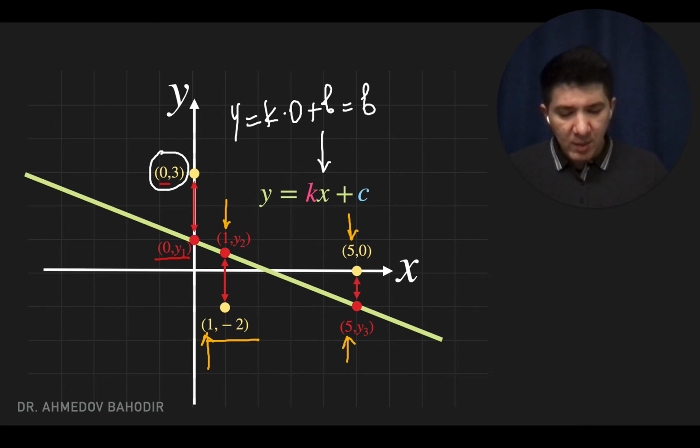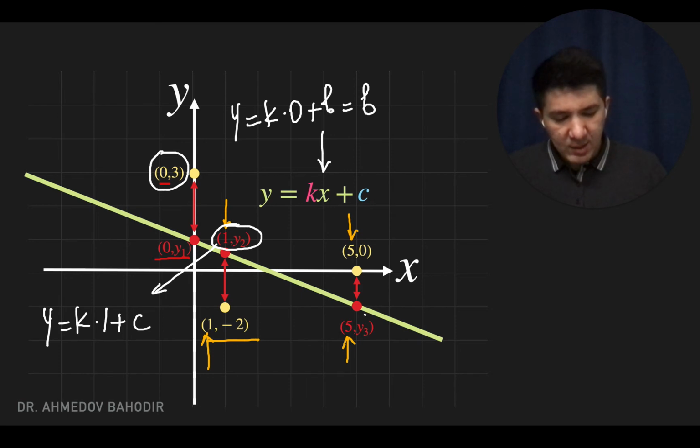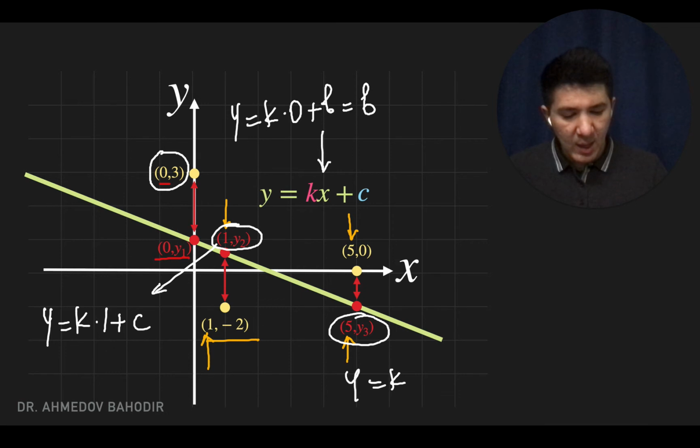At the same time, if you substitute the x coordinate of this point here into this equation, what you get is y is equal to k times 1 plus c, right? And if you substitute the x coordinate of this point into the equation, it's going to be y is equal to k times 5 plus c.